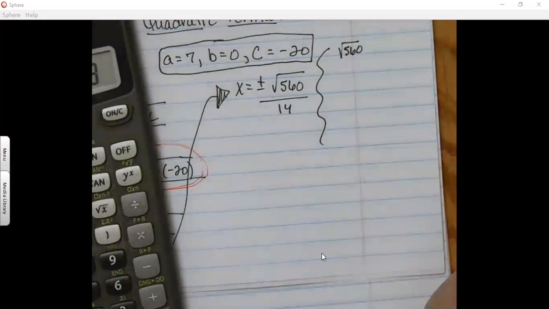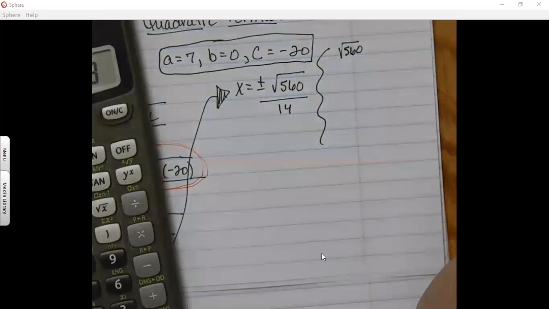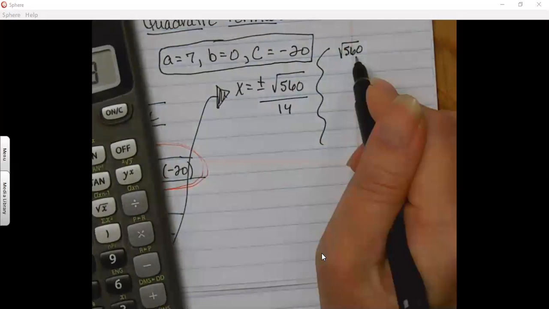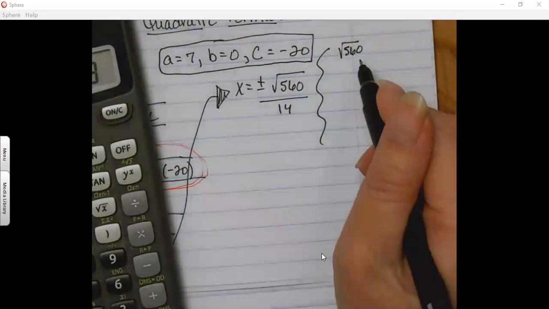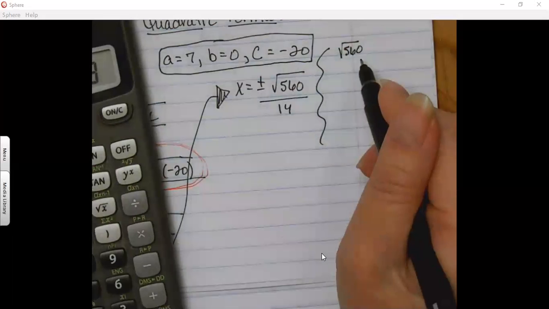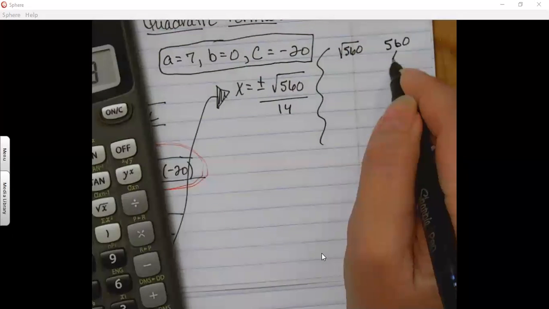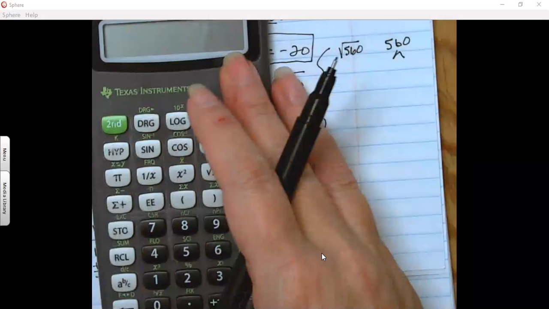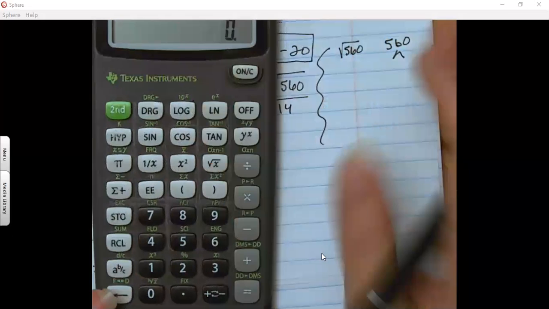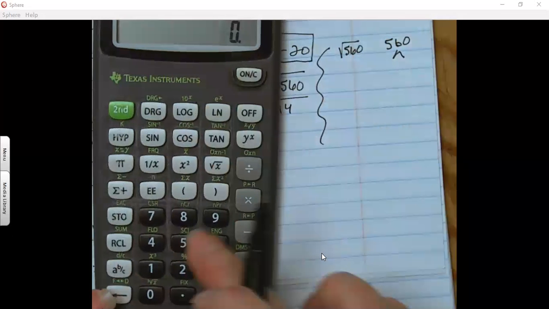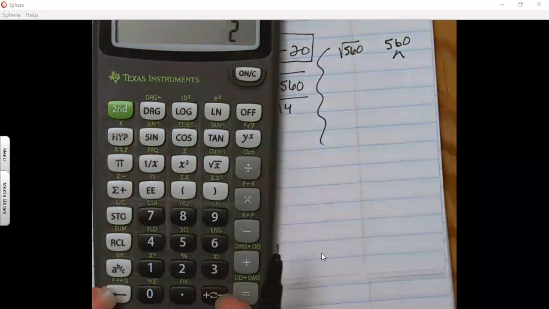So I'm going to figure out, are there any perfect squares in 560? And if you have more than one perfect square, what is the largest perfect square factor? So to do that, I do a factor tree. And you may start with different factors than I do. That's okay. Usually when I see numbers even, I'm going to divide by 2 and get 280.